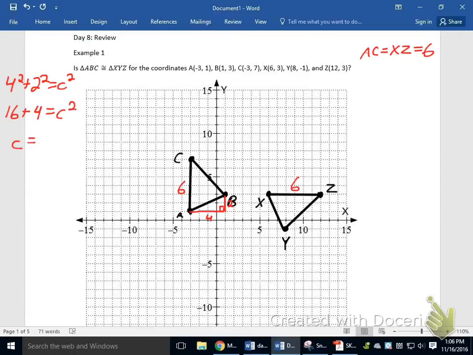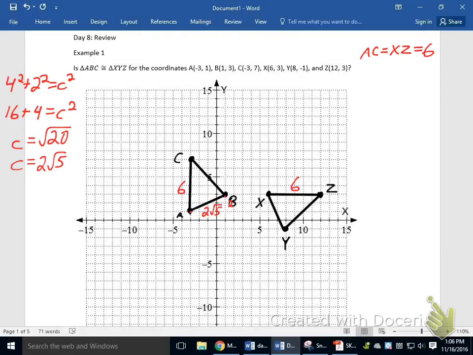So C is equal to the root of 20. 16 plus 4 was 20. I took the square root. You might also simplify that down to 2 root 5, albeit that's not really going to be required for this. So I'm going to go back onto my graph here and call this root 20. I erased a little too much there. But I also simplified that to 2 root 5.